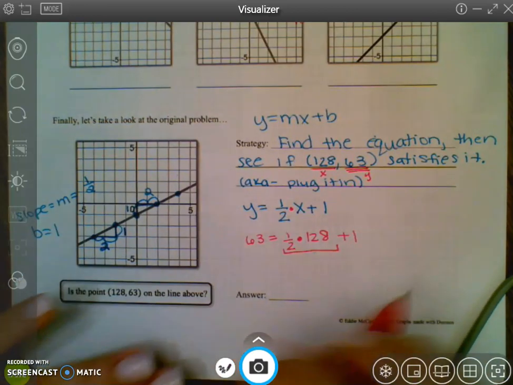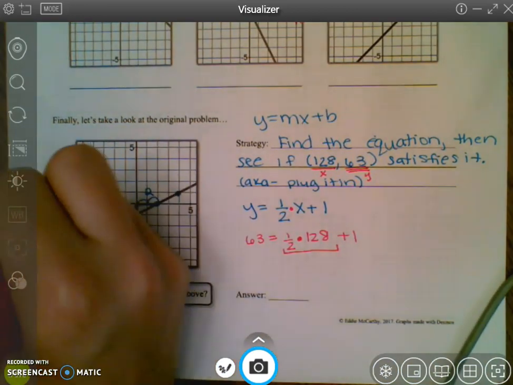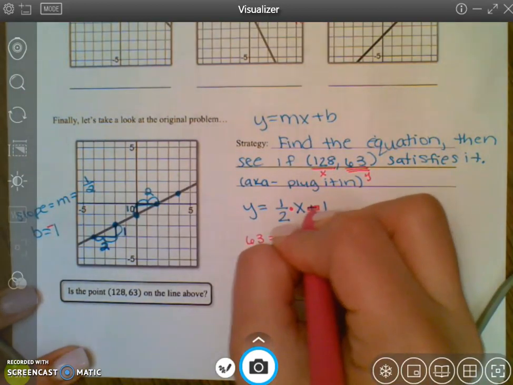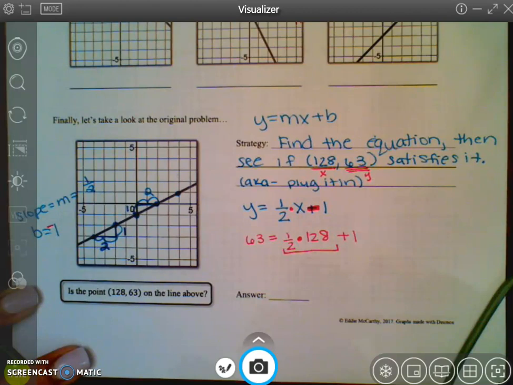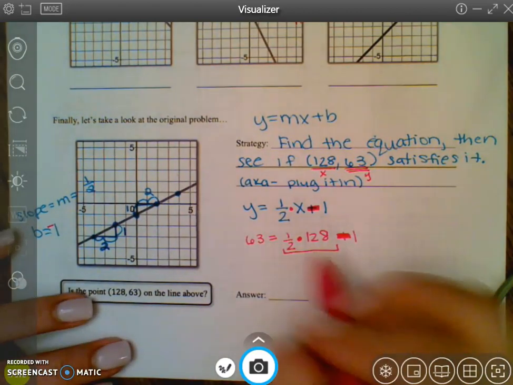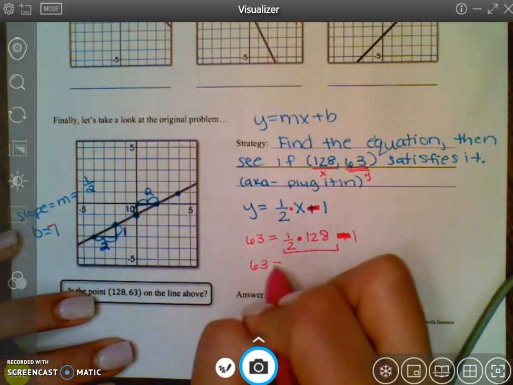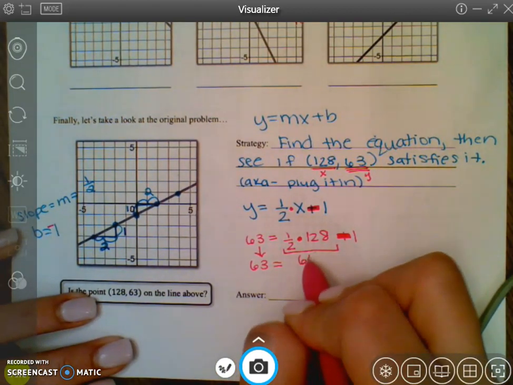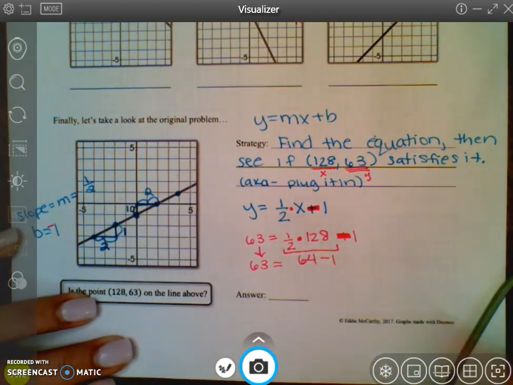Oh, y'all, look, I wrote this wrong. What's my b? My b is -1. This should be minus. That should be a minus. This should be a minus. Sorry, y'all. So that means 63 is equal. I'm just bringing that down. This is 64 minus 1.